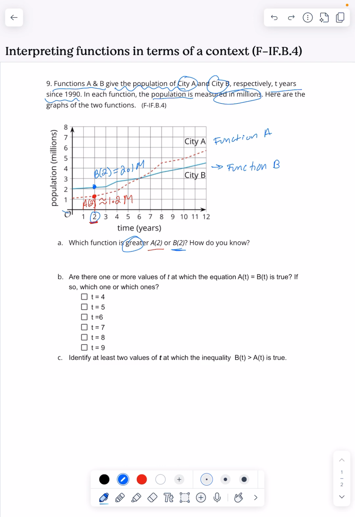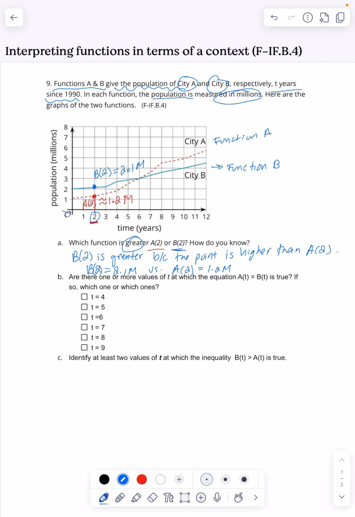Therefore, we can say that B of 2 is greater, because the point is higher than A of 2. Or we could also explain by saying that B of 2 is equal to 2.1 million versus A of 2 only being approximately 1.2 million. So in this case, B of 2 will be greater.